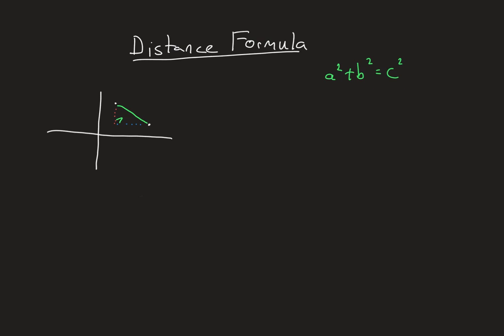Now, if we want to talk about the vertical distance, well, we have two x values. If we want to label our points quickly here, we have x2, y2. This is not writing very well. And x1, y1 as our 2 points.